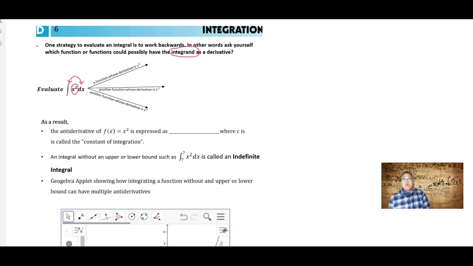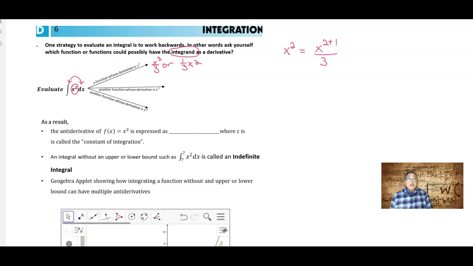Remember our rule for an antiderivative: we add 1 to the exponent and then divide by that new exponent. So a function that would have x squared as a derivative is x cubed over 3, or 1/3 x cubed.